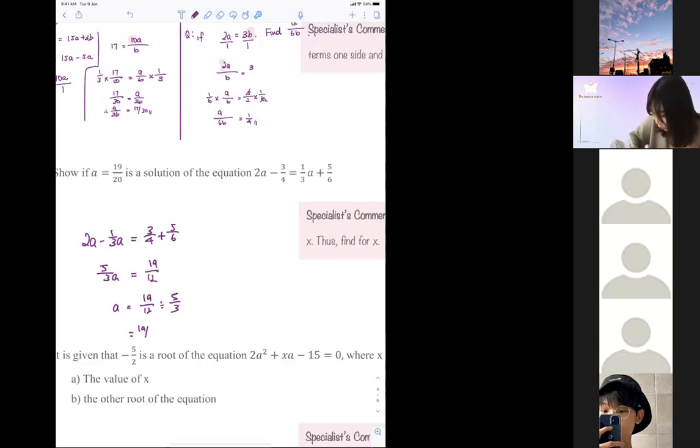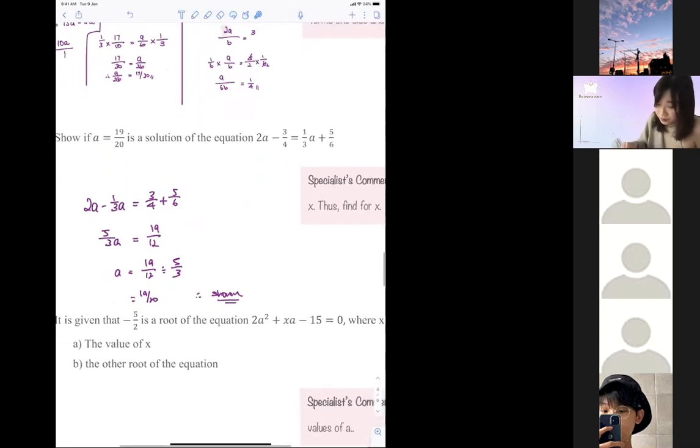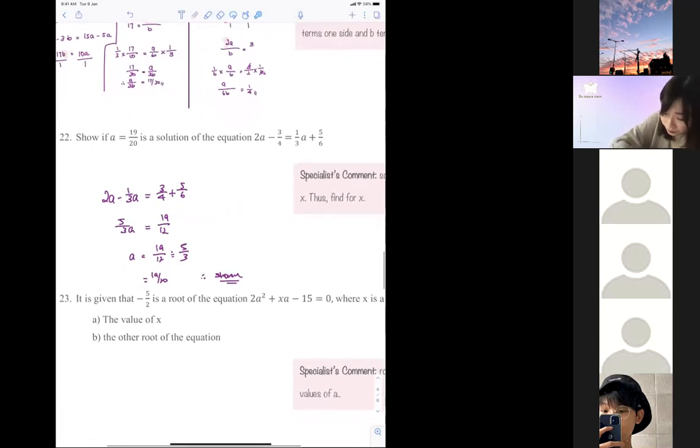It is 19 over 20, therefore shown. Okay, cannot sub this inside to show. You must solve it to show. Cannot sub in.